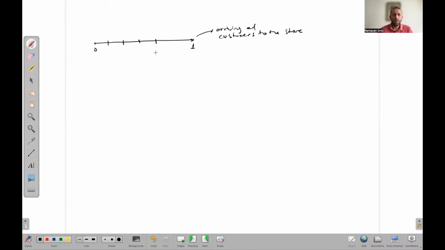What that means is a customer can arrive to the store at any time point of this interval. To make it easy, we divide this time interval into, let's say, 5 time buckets.